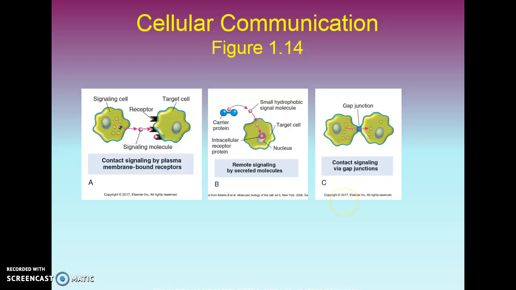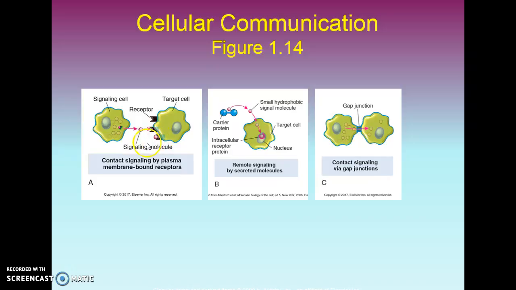The first method of communication would be through membrane-bound receptors, right here, that interact with a signal molecule. This is the signaling cell, which produces a molecule. That molecule travels to the target cell, and on that target cell you have the specific receptor.